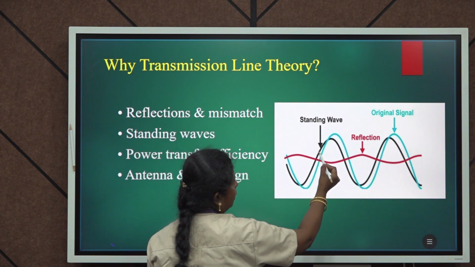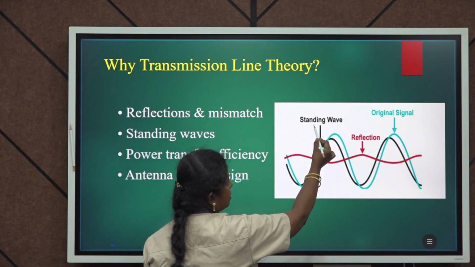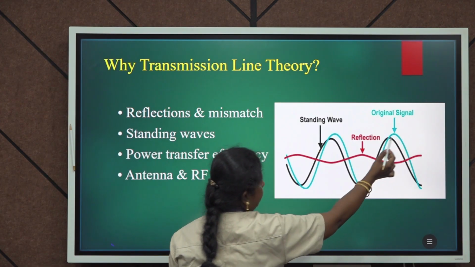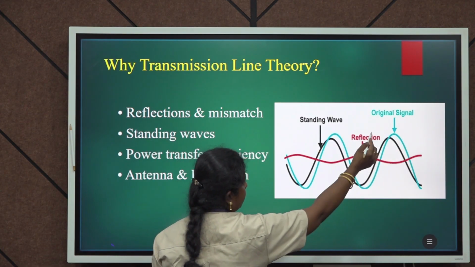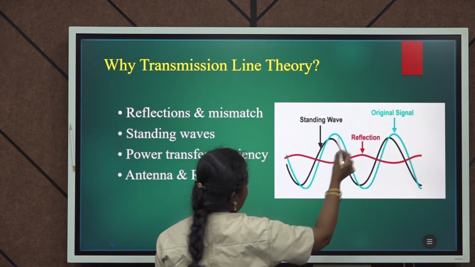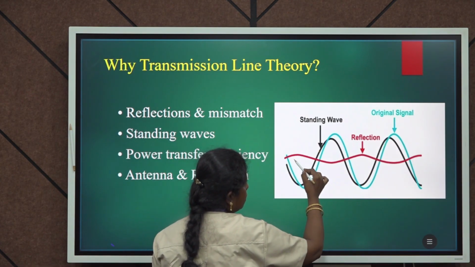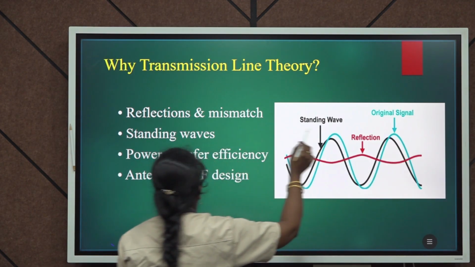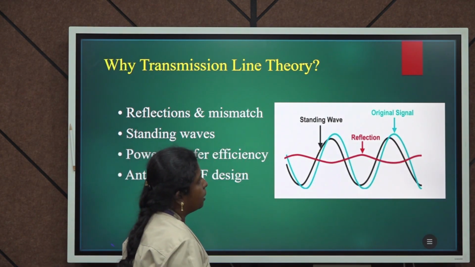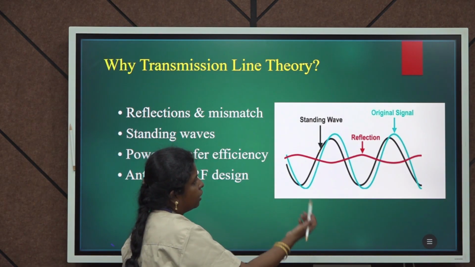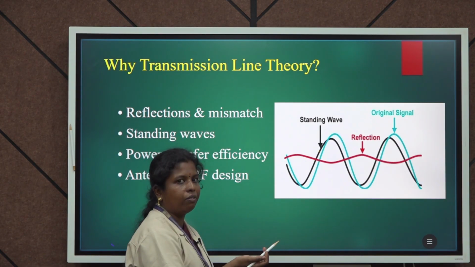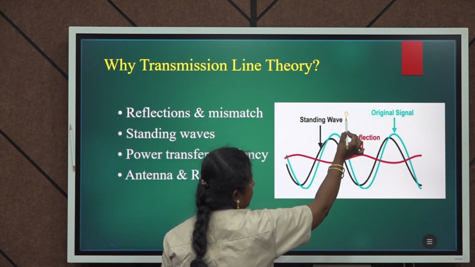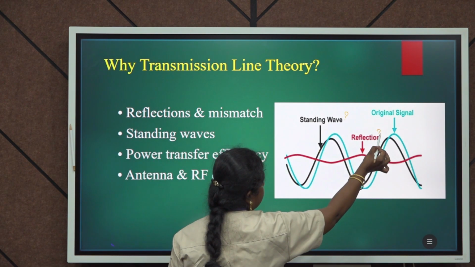The black wave represents the standing waves, and blue is the original signal which we are transmitting from transmitter to receiver, the original source signal, and again the reflection is in the color red. Here we can analyze the three categories of signals in the transmission line wave, and why standing waves and reflections happen.